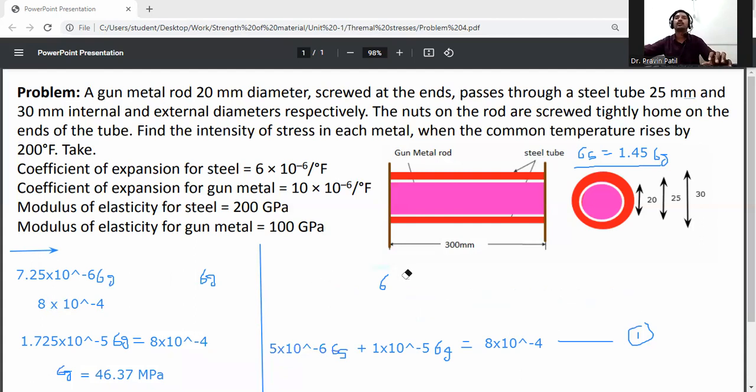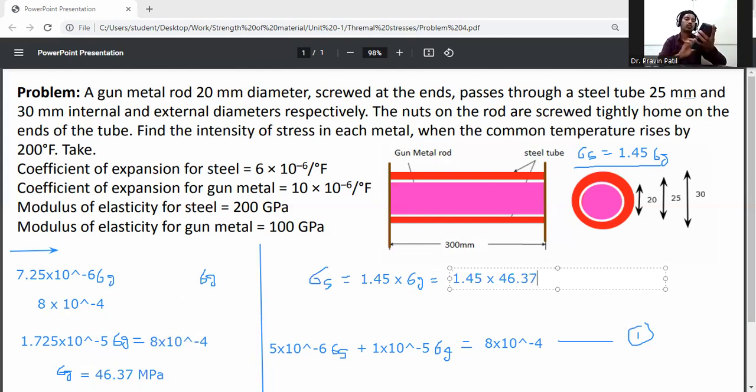Now sigma s is equal to 1.45 sigma g, 1.45 into 46.37, so it is 67.24 MPa.